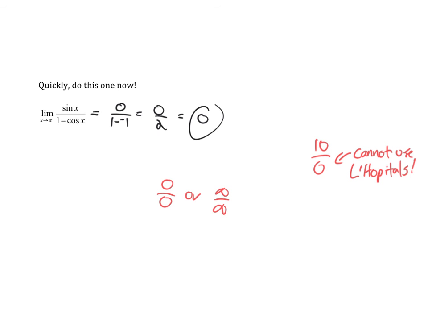If you get something like 10 over 0, you're going to have to use those methods we've talked about before, where maybe you go to the graph, or maybe plugging numbers really close to the value is going to work for you, but you cannot use L'Hopital's. Only when it's 0 over 0 or infinity over infinity. That's all L'Hopital's is. It's a pretty simple concept to grasp and to use, but the thing you just need to remember is that you can only use it in certain situations.